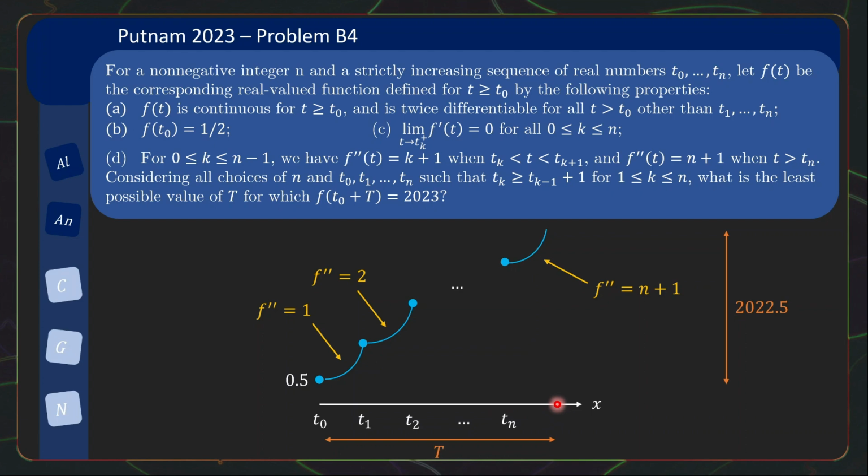Because if it doesn't occur after tn, let's say it occurs here, then I can just ignore all the values of t2, t3, and so on. If it already achieved 2023 over here, then my real value of n is actually 1. So I'm just going to assume that I'm going to use all the way until tn itself before I hit the value of 2023. This will just make my notation simpler.